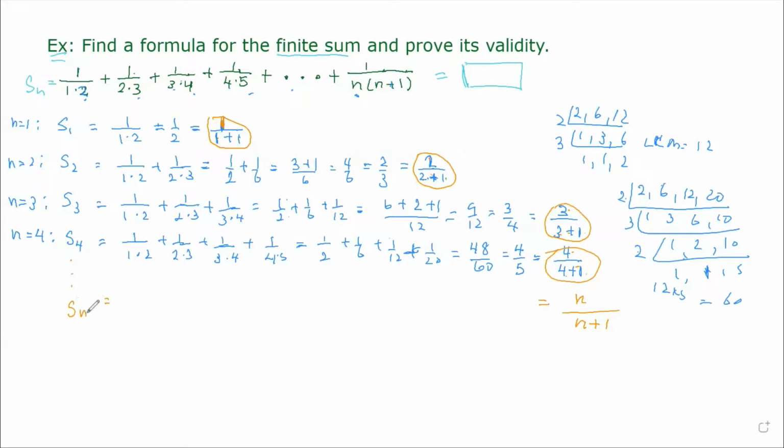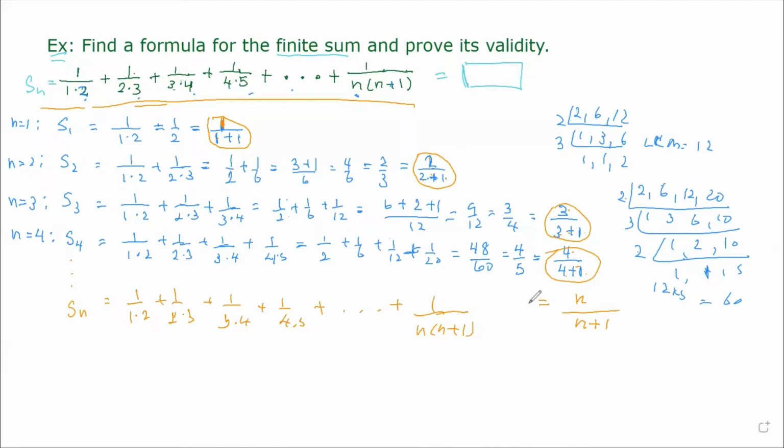So we get it now. If we have Sn from this line, just say from the question, we can get the formula already, correct? So the whole thing, when you sum it up like this, 1 over 1 times 2 plus 1 over 2 times 3 plus 1 over 3 times 4 plus 1 over 4 times 5 plus and so on until 1 over n times n plus 1.